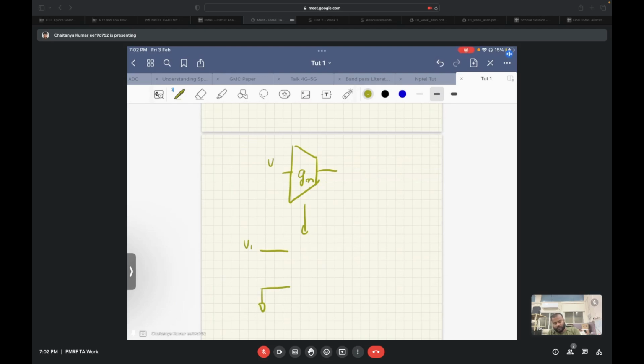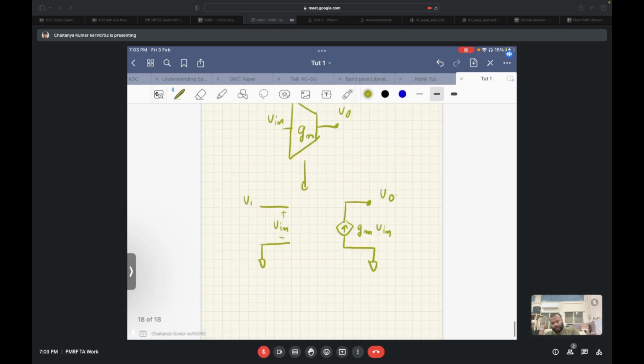So let's call this V in, and this is VO. So we have V in over here, and what we have over here is Gm times V in at the output node. So this is what the structure is.